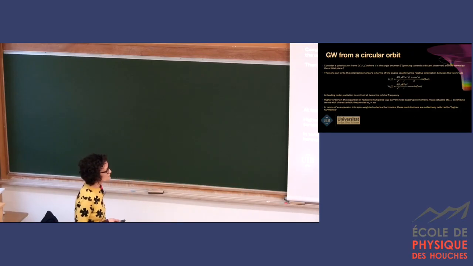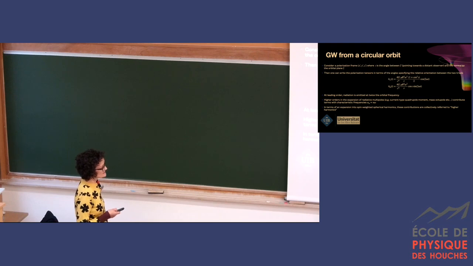And when doing this conversion, if I call iota the angle between z prime, which is the direction from source to observer, and z, which is the original axis that I use in my derivation, in my source frame, then I can do the projection to get my observed polarizations.